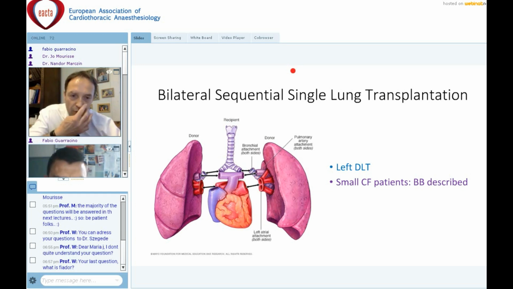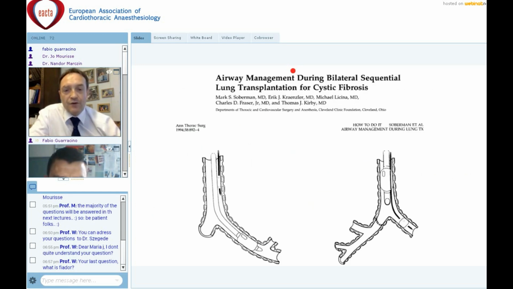In this early paper from the Cleveland Clinic, the authors would start with a right lung transplantation, and in this case lung isolation would be provided by the single lumen tube advanced to the left main bronchus, allowing dissection, pneumonectomy, and implantation of the right lung. At this stage, the tube would be pulled back to the distal trachea and the blocker placed at the left main bronchus, allowing the dissection, one lung ventilation, and transplantation of the left lung.